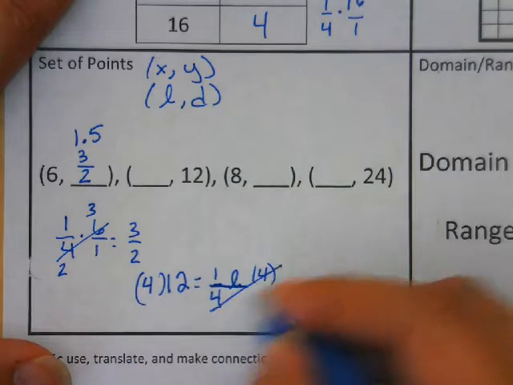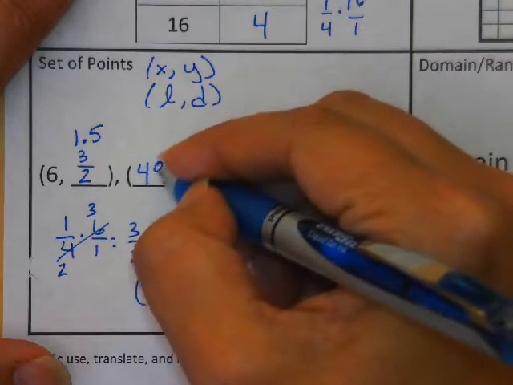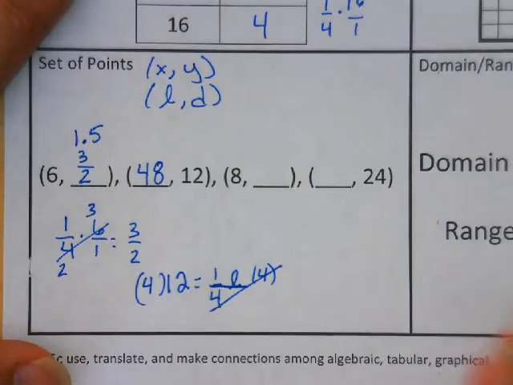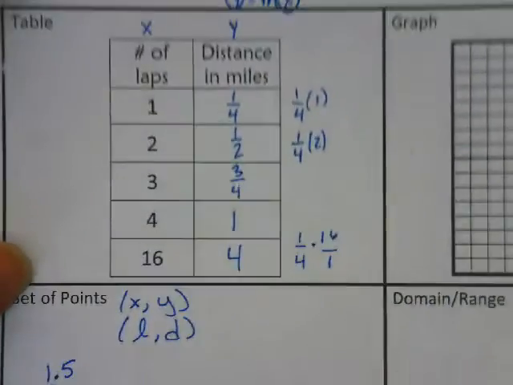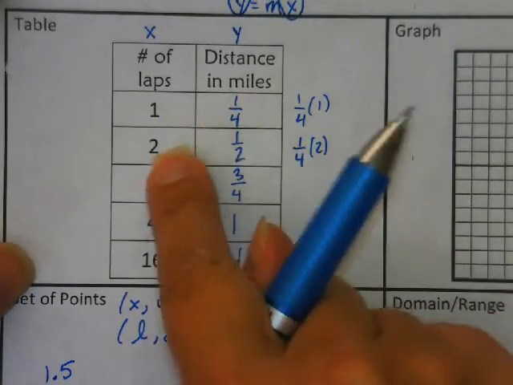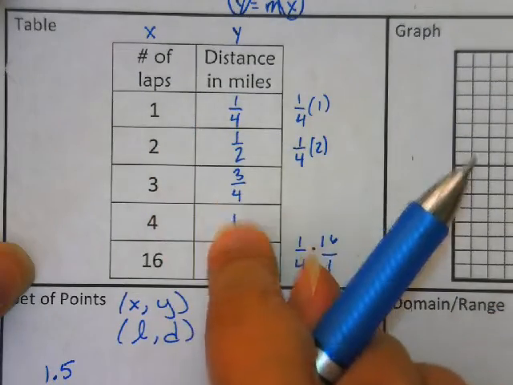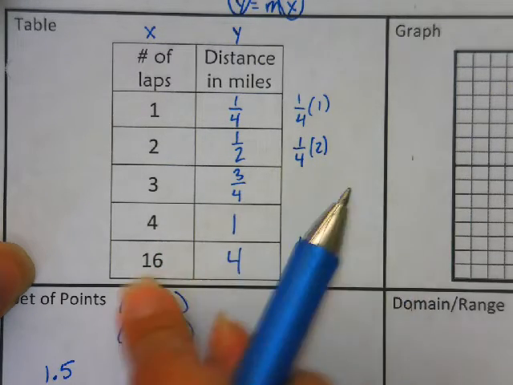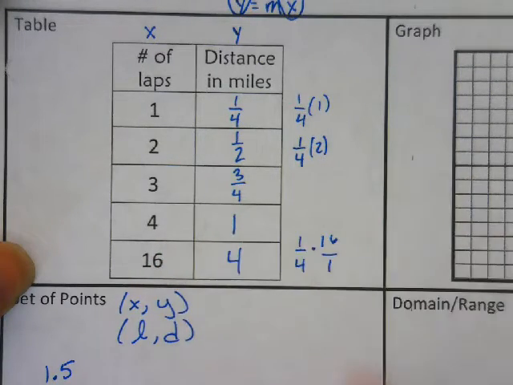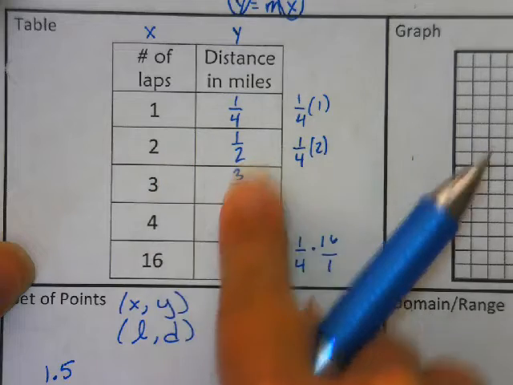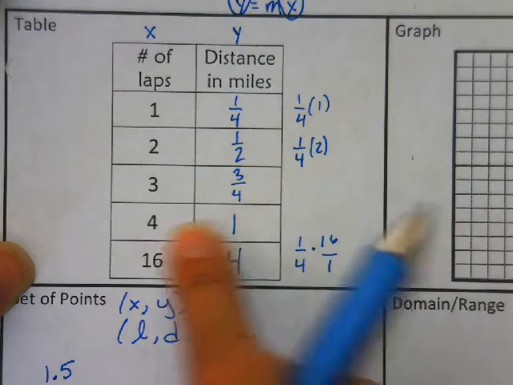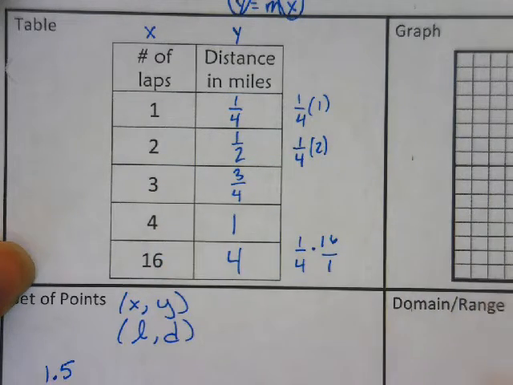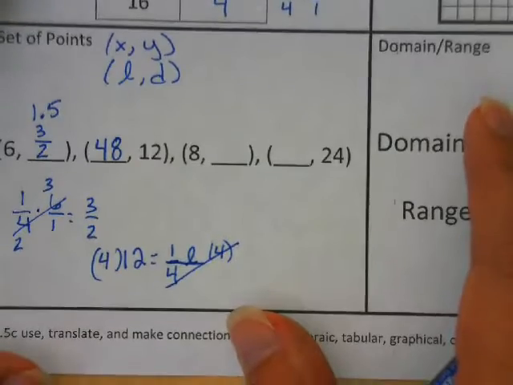And I can see that 48 laps is 12 miles. So if you look up at your table, here we're multiplying by 1/4, but if we wanted to go the other way, we would divide by 4. We would multiply by 4. Dividing here, multiplying. 4 times 1 is 4. 4 times 4 is 16. So it's the inverse operation.